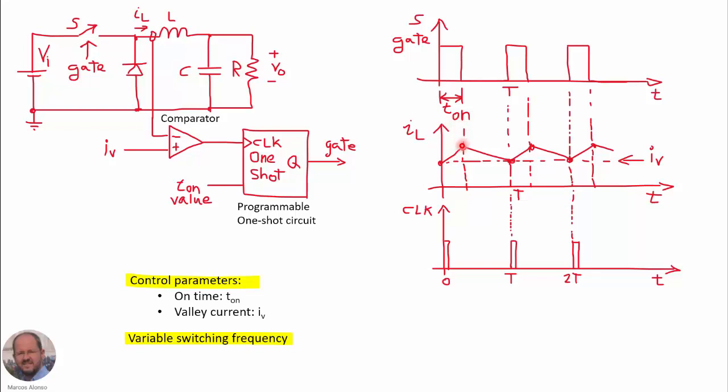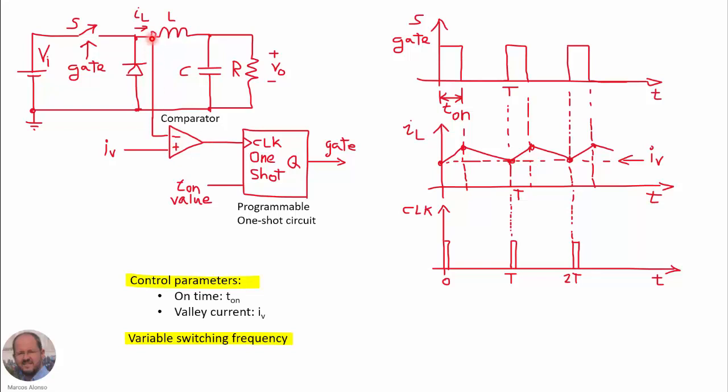Then at this instant here, the switch is turned off and the current is decreasing linearly, as we know, until reaching a minimum value, which is the valley current of the inductor. We detect this point here by using this comparator.